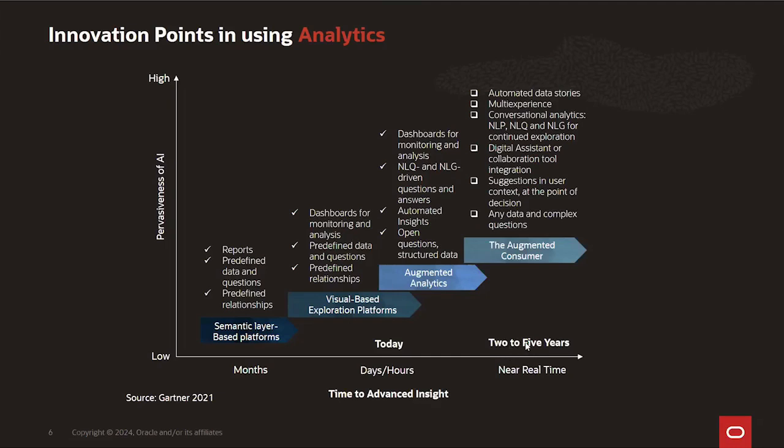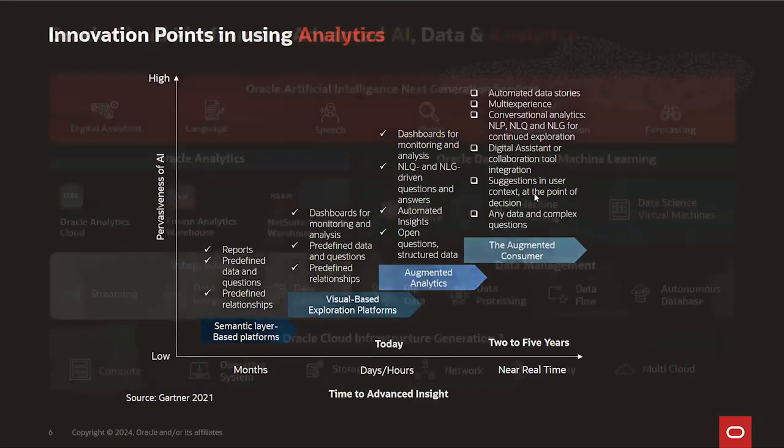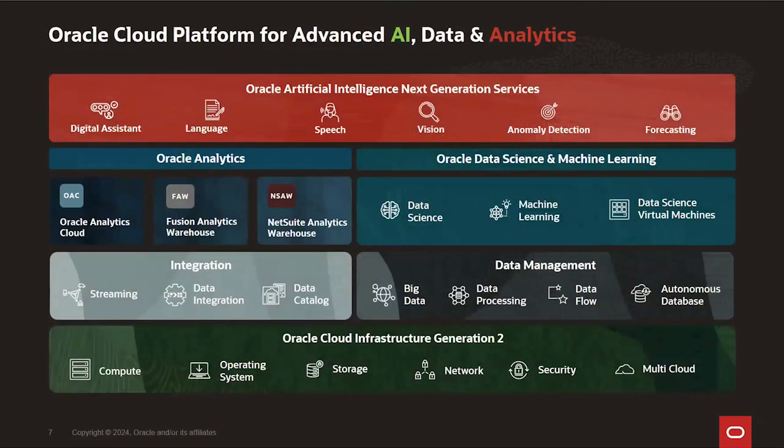I'd say this is more like 1 year to 3 years, depending upon what time and effort you want to put into it, what your company is willing to invest in making you successful, so that you get the augmented data stores, that you get the conversational analytics built into your models, that you get the digital assistant so that you can display it on your Android or your Apple phone, and you get suggestions in user context at pointed decisions so that you actually make it actionable, right? Time to insight. And you will get pushback, by the way, at each one of those levels.